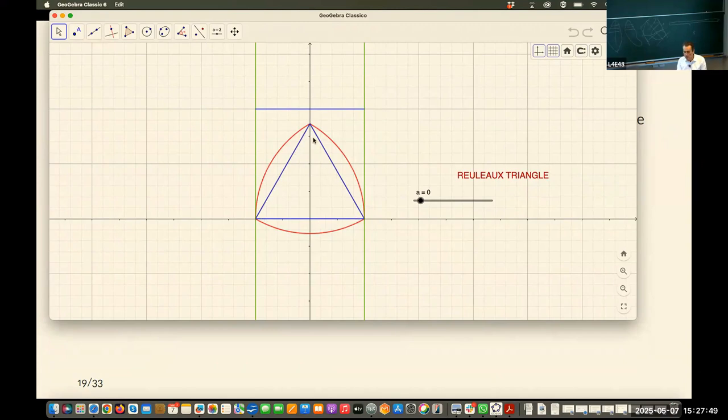You take an equilateral triangle, and then you draw an arc of a circle whose radius is the side, with the center at the opposite vertex. You repeat the procedure for every side and every vertex, and you get this set, which is called the Reuleaux triangle.